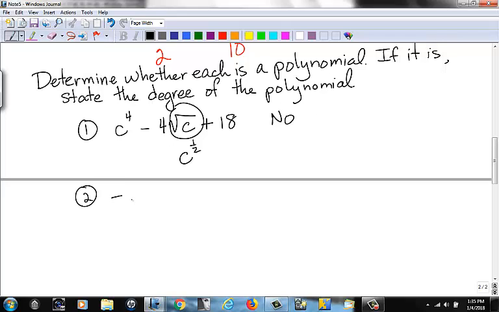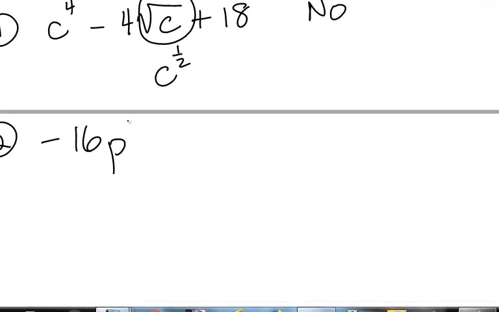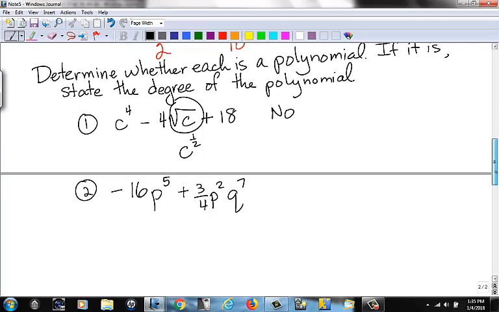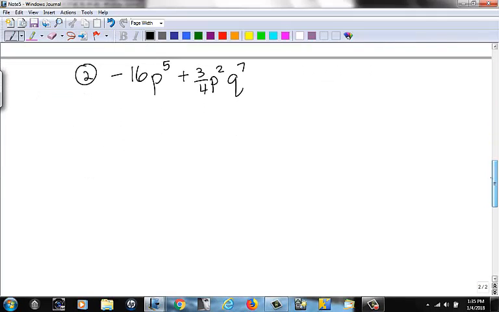Let's say they give you negative 16 p to the 5th power plus 3/4 p to the 2nd power q to the 7th power. Okay, is that a polynomial? Yes.